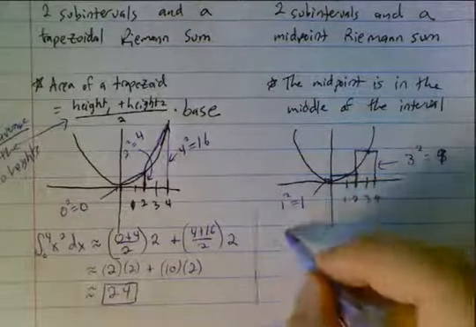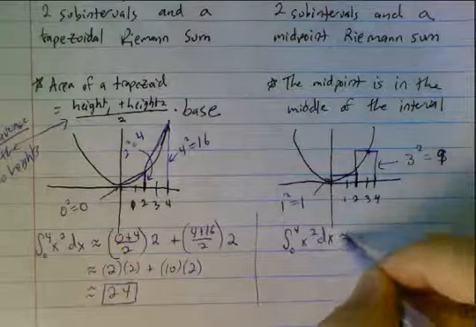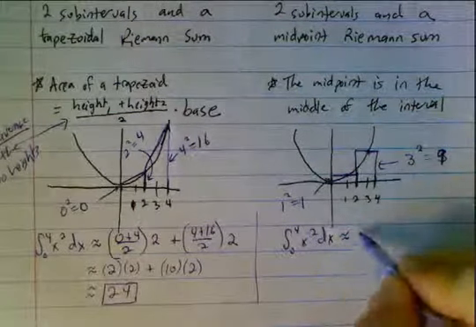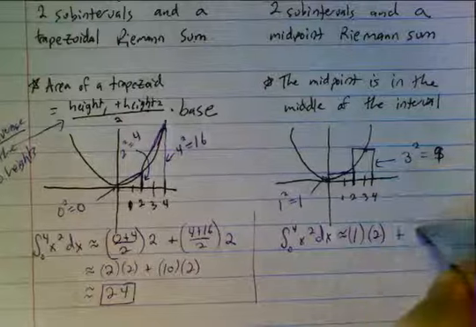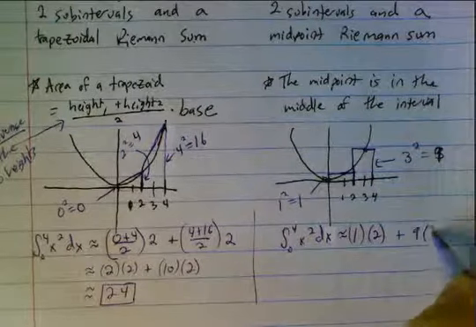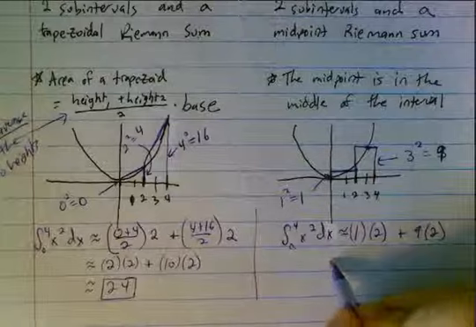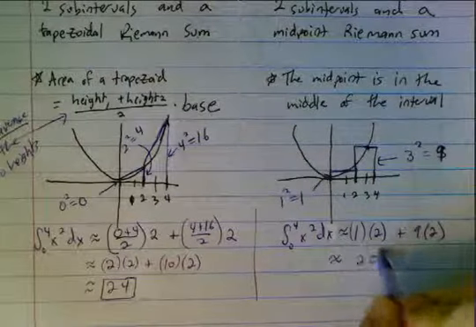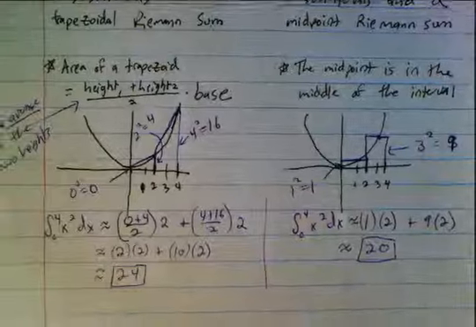So over here, we're estimating the integral from 0 to 4 of x squared dx approximately equals this height, which is 1, times the width, which is 2, plus this height, which is 9, times the width, which is 2. When we multiply those and add them up, we get about 20. So that's the basic idea of those.